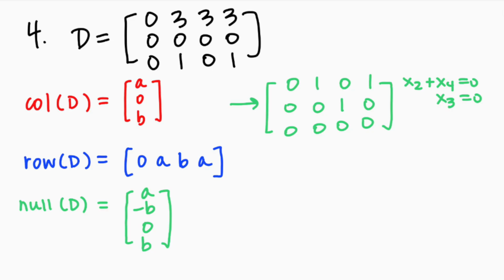and then for the left null space, I'm going to row reduce the transpose. So 0, 3, 3, 3, 0, 0, 0, 0, and 0, 1, 0, 1. Okay, so let's see.